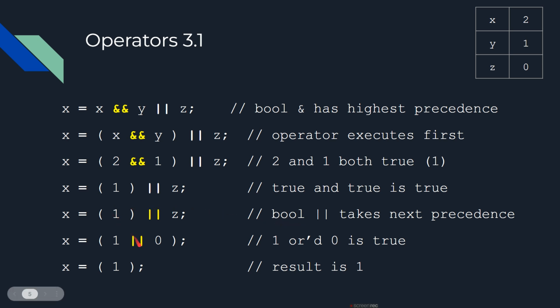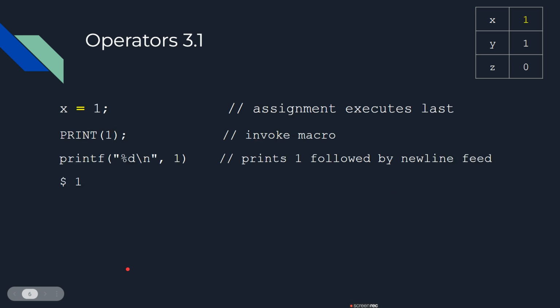Therefore, we're going to go ahead and evaluate 1 Boolean logic OR z, replacing z with the value that we initialized, 0, we get 1 ORed with 0. And the result of 1 ORing with 0 is true, the result being a 1. And last but not least, we're going to go ahead and call the assignment operator that will assign the value of 1 to the integer value of x.